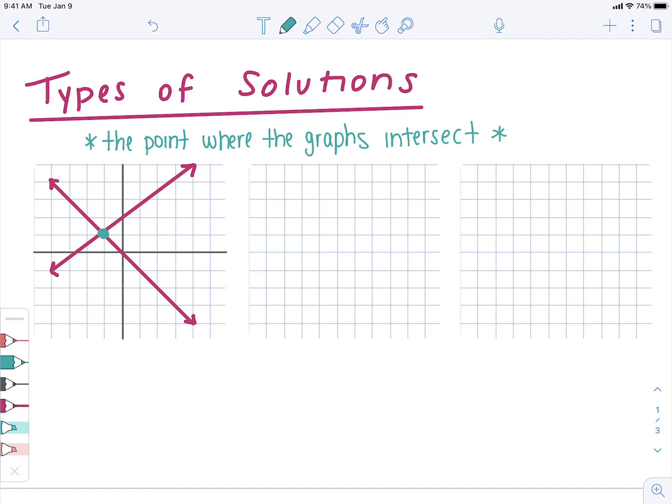So our most common solution is that the graphs are going to intersect at one point. We'll have one specific point where the two graphs cross over each other, and that point will be our answer. So this has one solution.